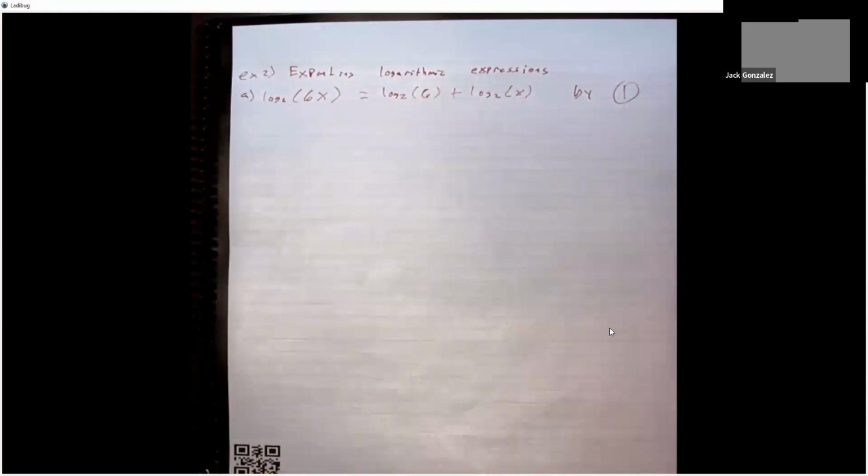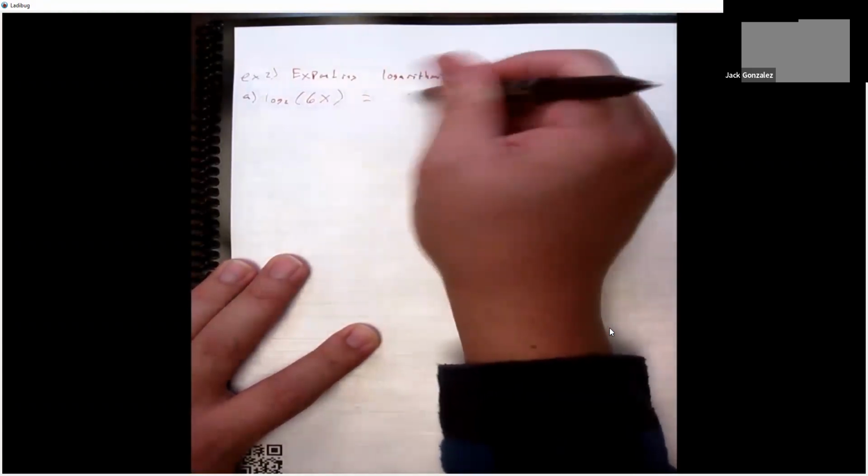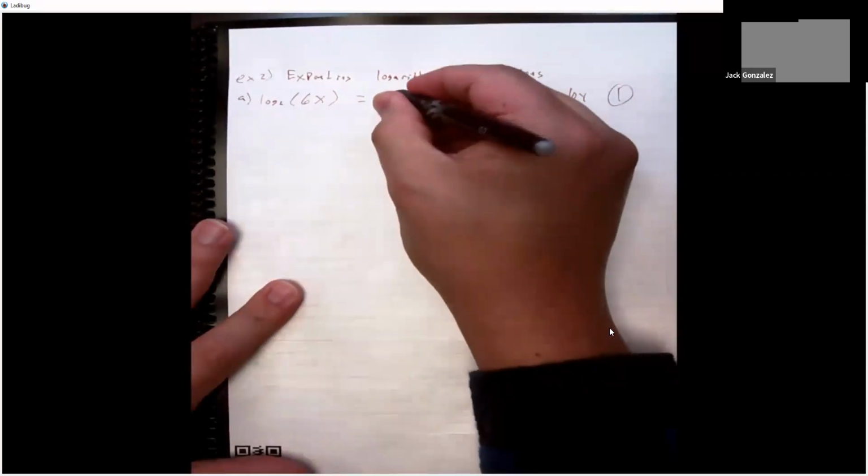Now, technically that 6 has 2 factors, right? What are the factors of 6? So you can break it up further and then apply the rule again. So let's do that.